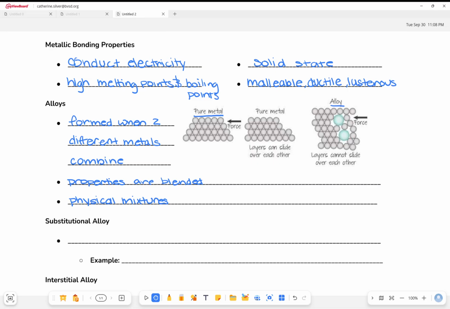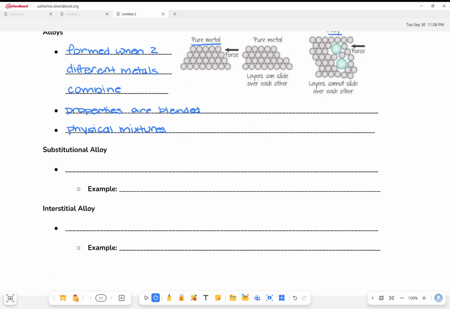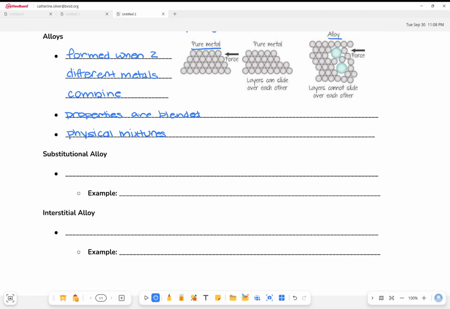We have two different types of alloys. The first type of alloy is our substitutional alloy. This is when one element is added in place of another.